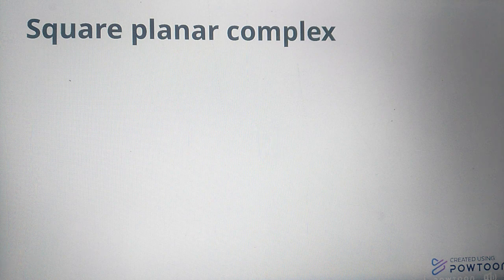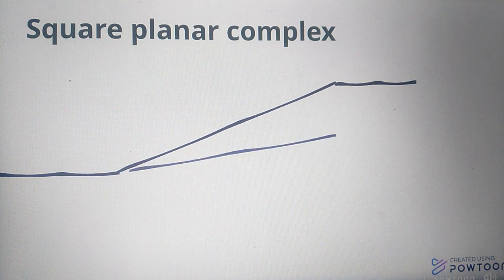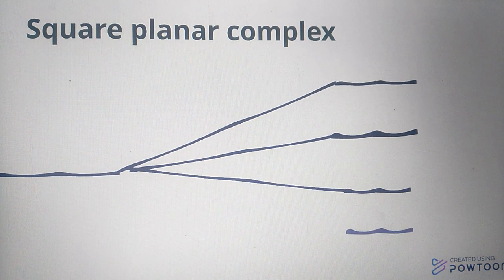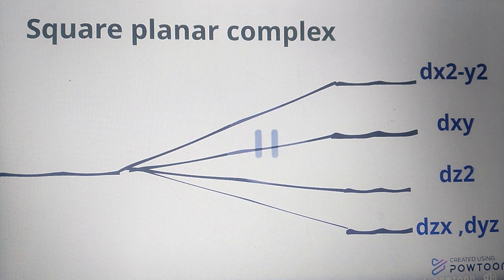In a square planar complex, the d subshell orbitals split into four groups. The energy of dx square minus y square becomes the highest of all orbitals, then dxy, dz square, dzx and dyz. Why does the energy of dx square minus y square become high?